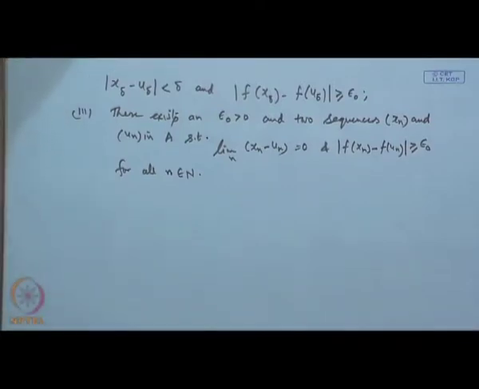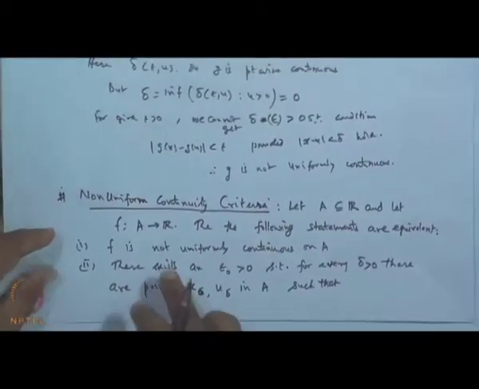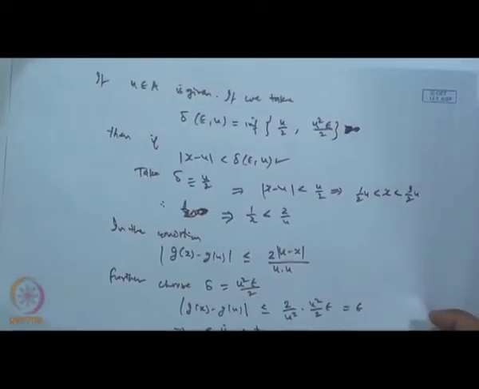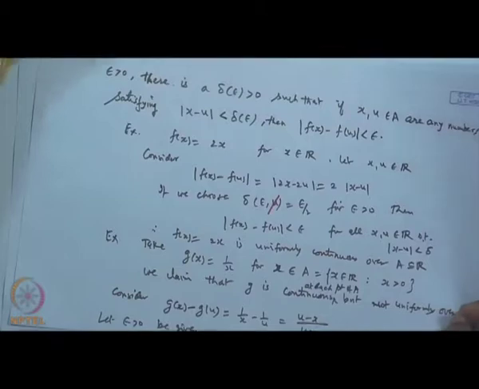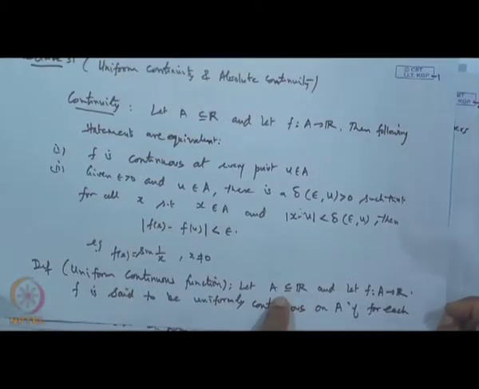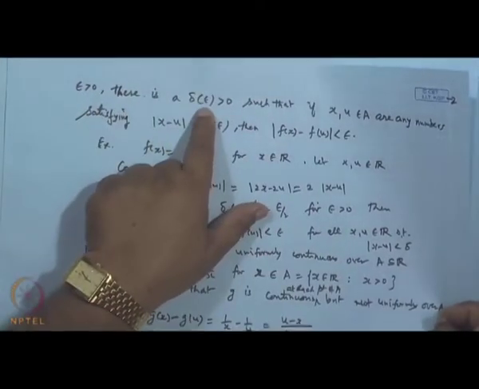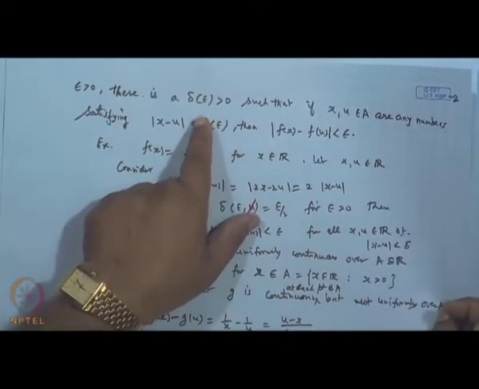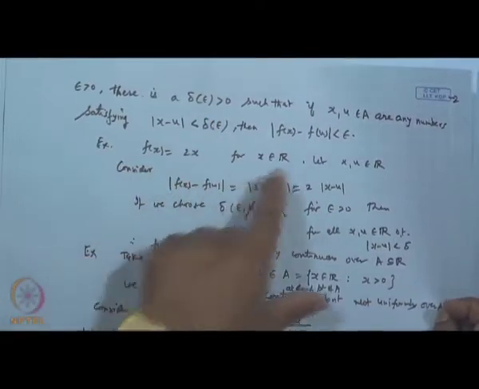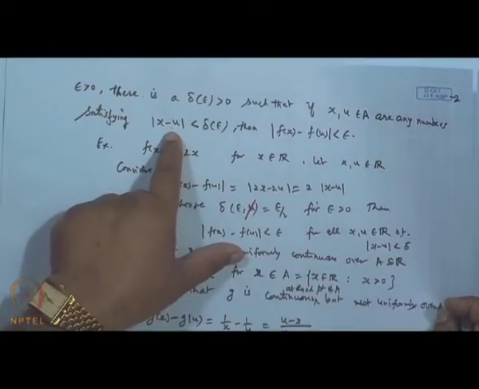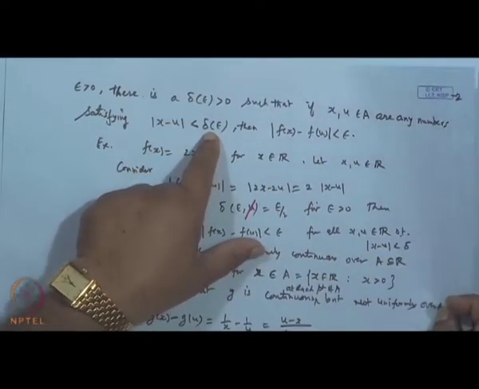Let us see what this is. Uniform continuity criteria says, if suppose the function is not uniformly continuous, then by the definition, a function is said to be uniformly continuous over the set A if for each epsilon there exists a delta which depends only on epsilon, such that the difference of f x minus f u can be made less than epsilon provided the points are in the delta neighborhood.